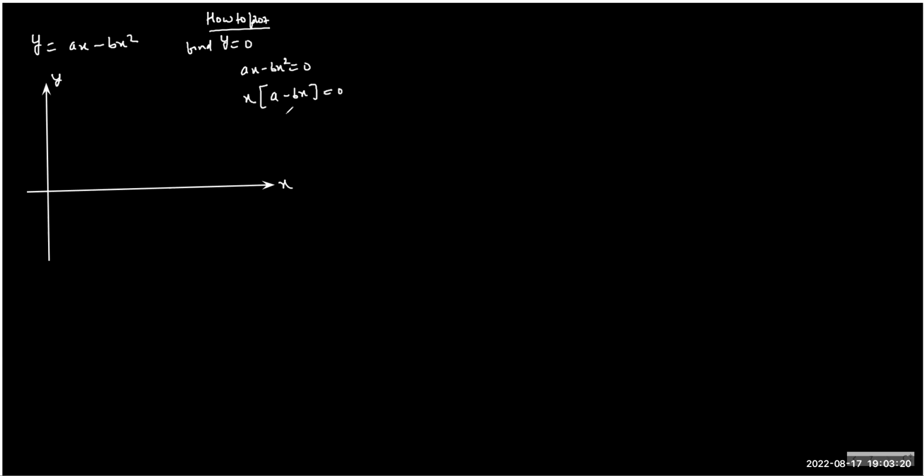It's a two-factor product, so I will equate both terms separately. Either the first term is 0 or the second is 0, so y will be 0 at two possible values, one at 0, another at a by b. And we know the graph is an inverted parabola, so it will have two roots.